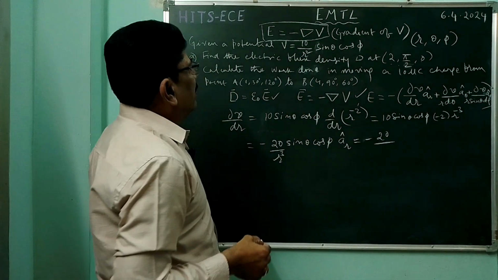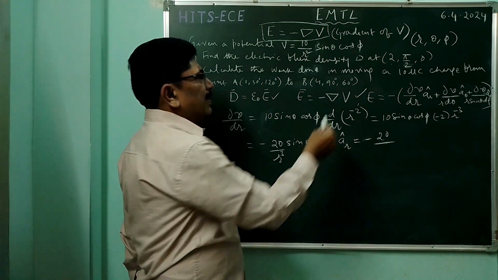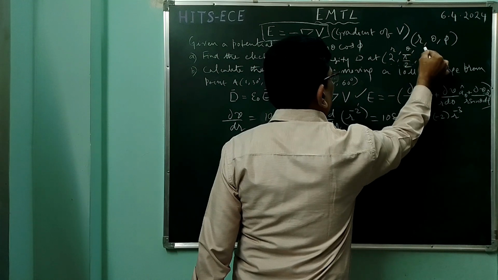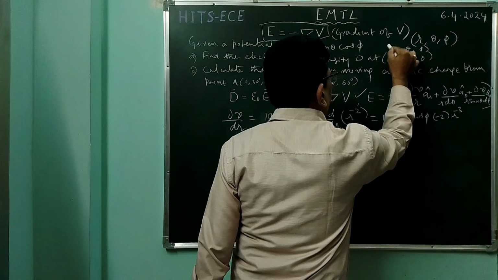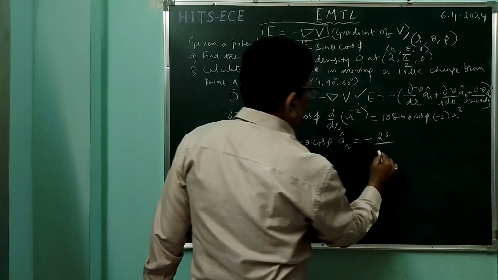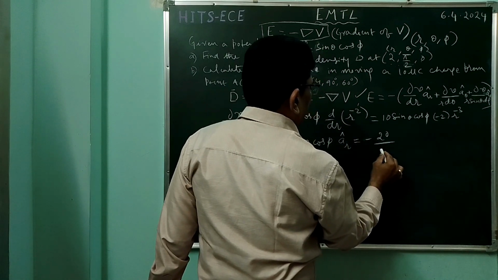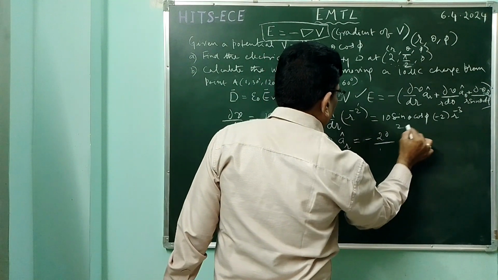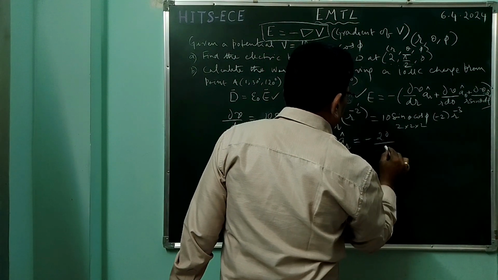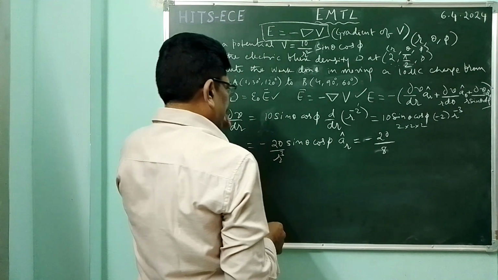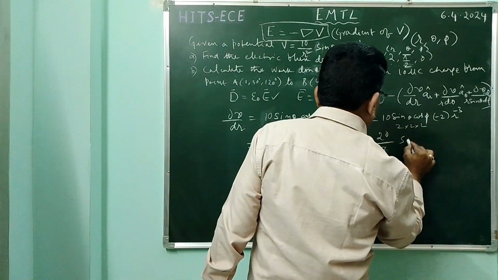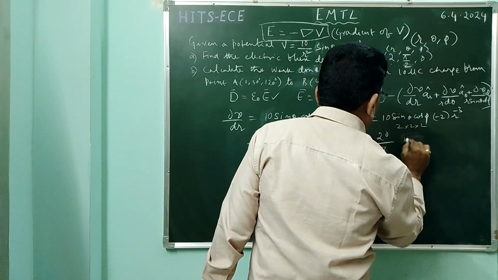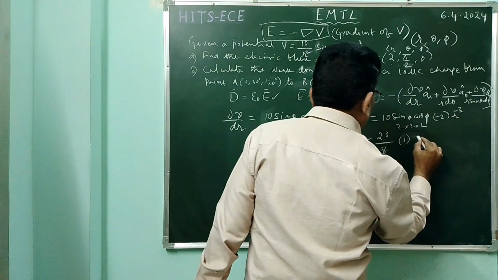Now let us substitute the coordinates. r is 2, theta is 5 by 2, that is 90 degrees, and phi is 0. r cube is 2 cube, 2 into 2 into 2, which is 8. So 20 by 8 into sin 90, which is 1, and cos 0 is 1.